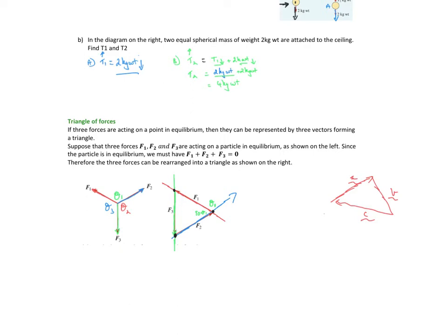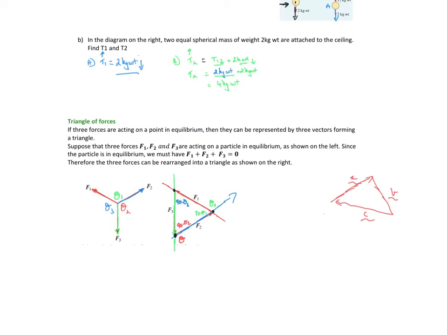If I think about theta 2, theta 2 is acting between the F3 and the F2, which is this angle here. So the one in there is 90 minus theta 2. And the final one, theta 3, which is acting between the red and the green force, is 90 minus theta 3. Oh, I've used the wrong colors. Hang on, I'll make that a blue one.